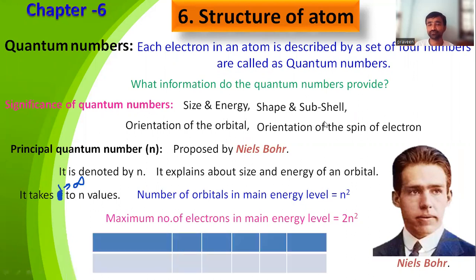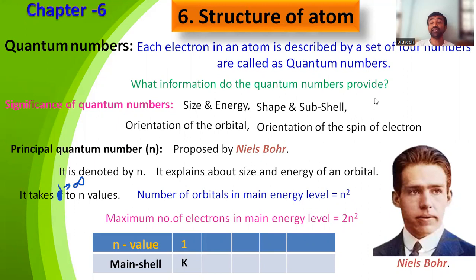Depending on the n value, you can know the main shell. These main shells were named by Niels Bohr in his Bohr atomic model. If n equal to 1, it is the K shell, the first energy level.